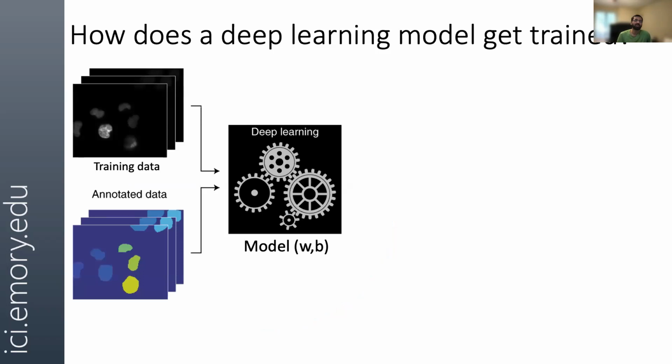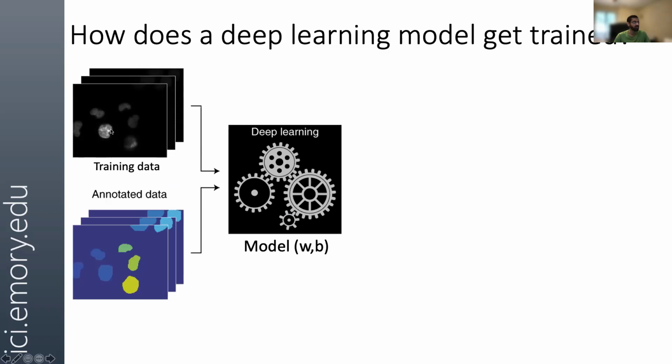What essentially it means is you have to annotate your data, right? So you have over here something called the training data. That's the data which you want to use to train your model. Now, before you use your training data, you have to annotate that. What that means is you have to draw segments manually to let the model know what feature of importance you want to highlight.